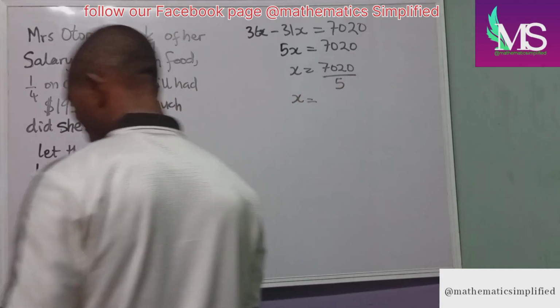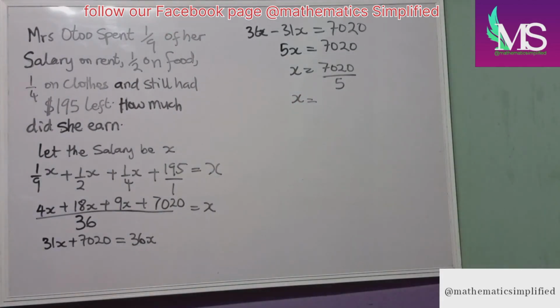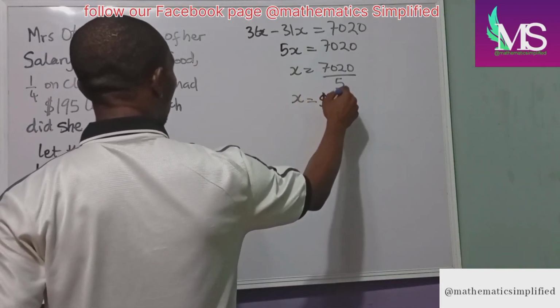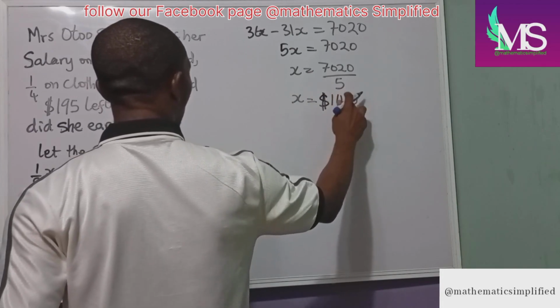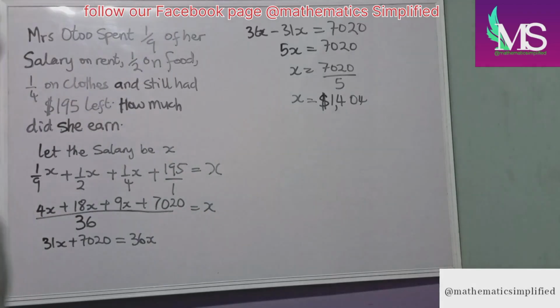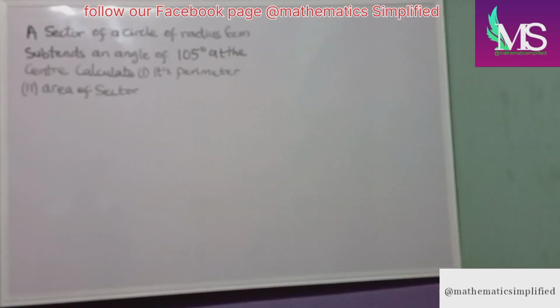X equals 1,404. So this is how much she earned for that month, $1,404.